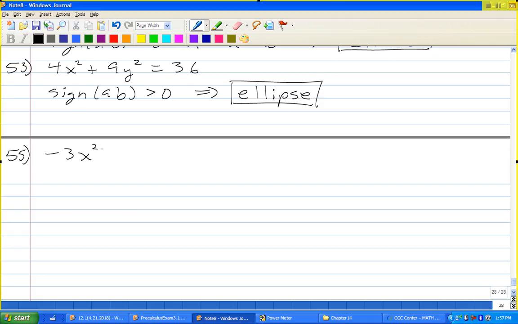Negative 3x squared plus 2y squared is 18. Well, the signs of A and B are different. The sign in front of x squared is negative. The sign of y squared is positive. So this is a hyperbola.